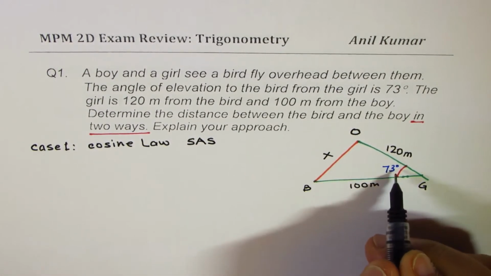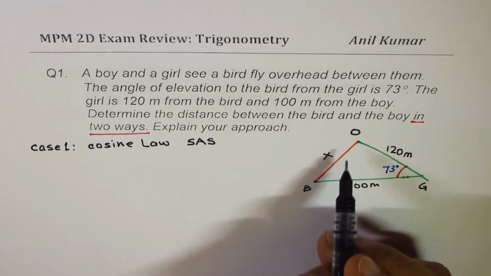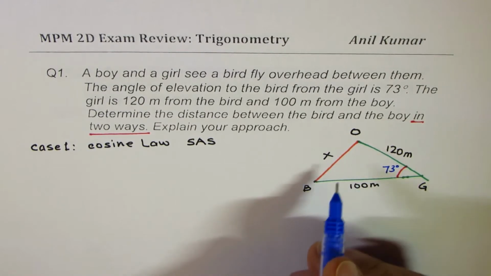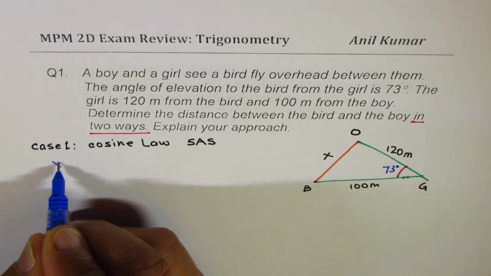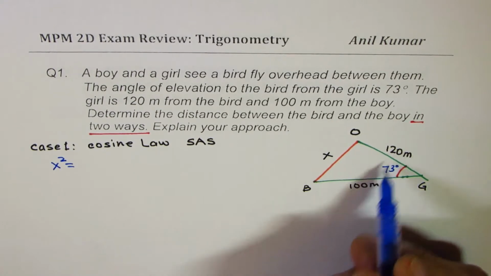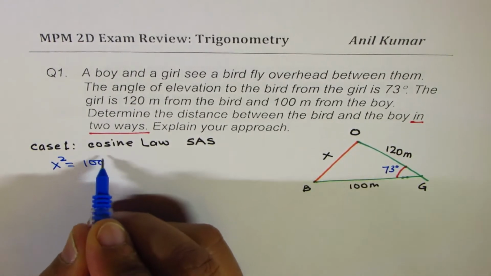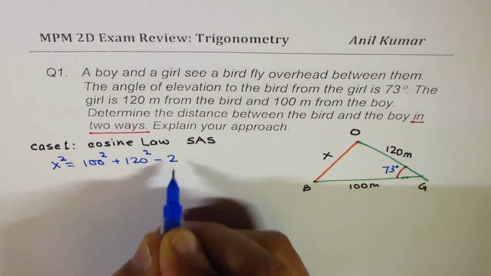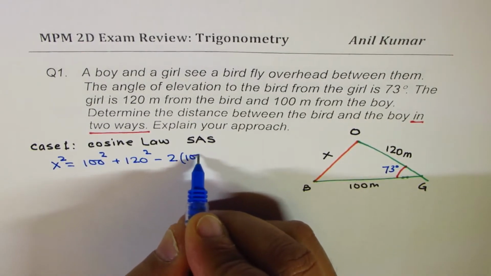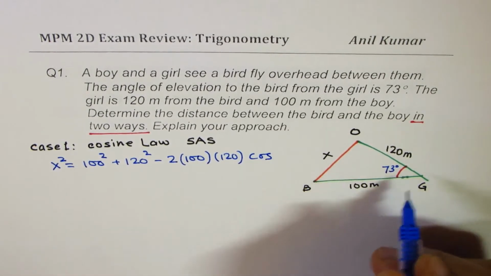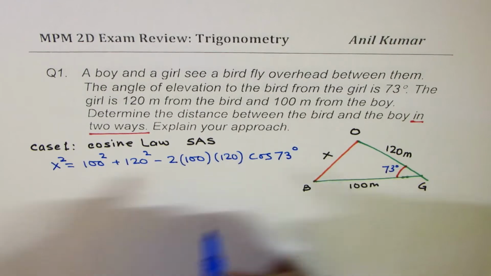So using cosine law, we can straight away find the answer. We know x squared is equal to the sum of these 2 squares, 100 squared plus 120 squared, take away 2 times 100 times 120 times cos of the angle in between, 73 degrees.